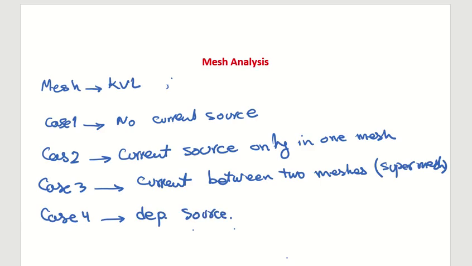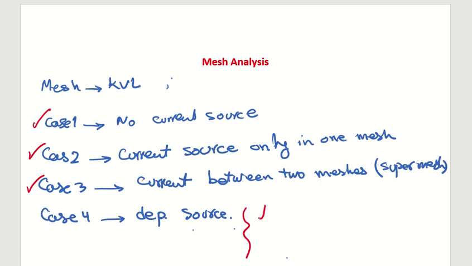For case number 4, first of all, we assume that the dependent source is just like an independent source. So we decide if the mesh is case number 1, case number 2, or case number 3. And then because the dependent source has a controlling parameter, we have to write that controlling parameter in terms of currents of the mesh, because the unknowns in the equations are the currents of the meshes.